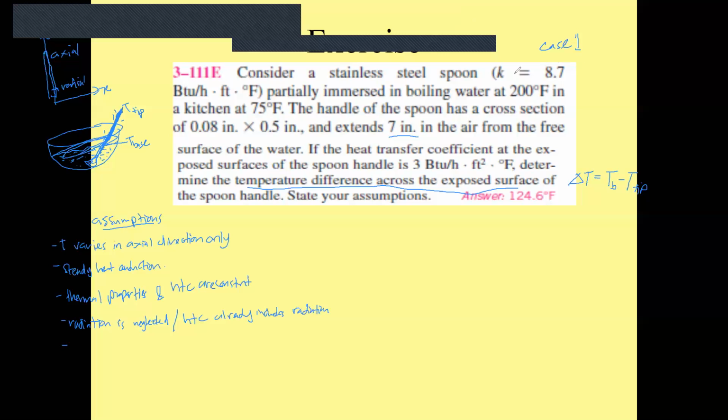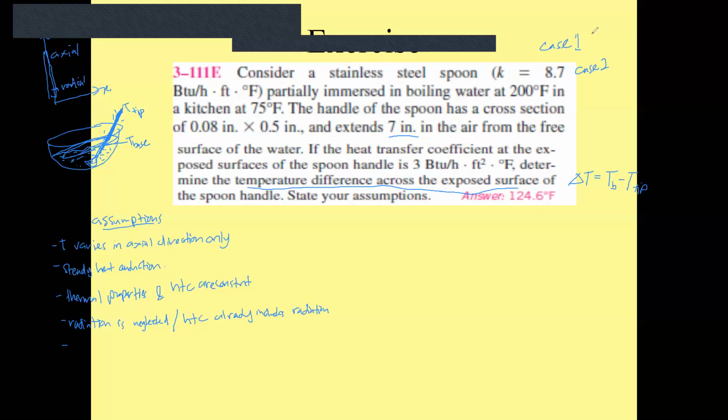What about case number 2? It didn't say anything about any heat lost from the tip, but that can also be taken into account because we're just going to take the Q equal to 0 at the tip, right?